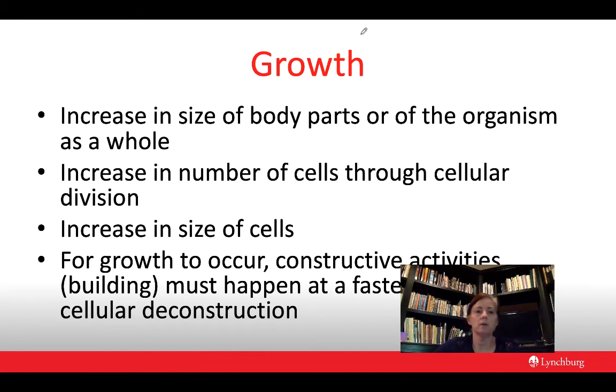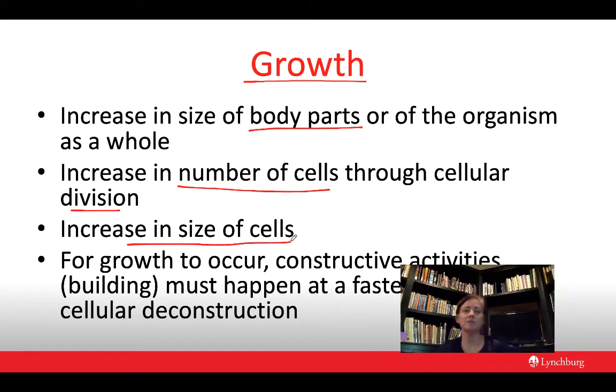Growth. So growth has to happen in our body. So we can either talk about growth in terms of the size of individual body parts, or we can look at growth of the organism as an entire person. So this is what happens when we have an increase in number of cells when cells divide. We can also see an increase in size of cells, and this is what happens.